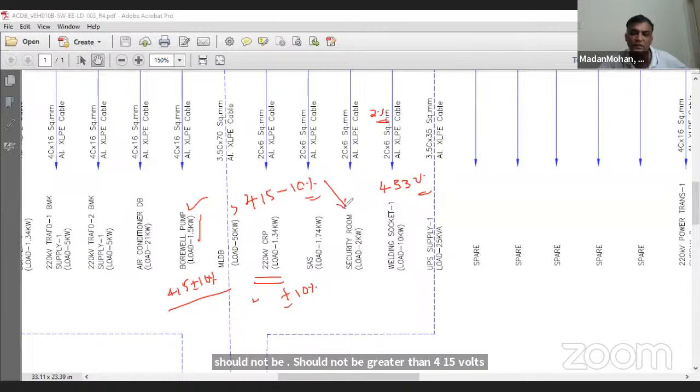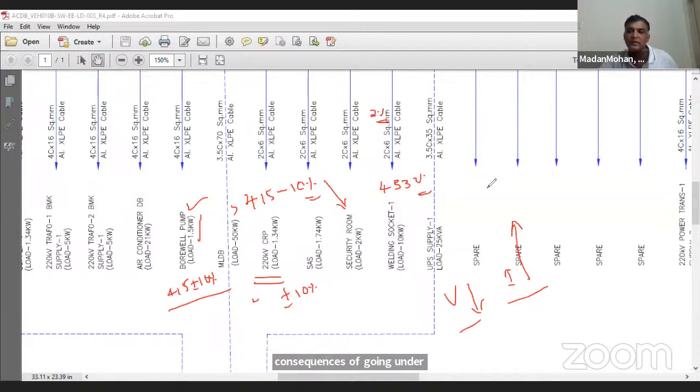If the voltage drop goes below minus 10% of the nominal voltage, then what happens here? If your voltage decreases, the current will increase. And if the current increases, your connected equipment will get damaged because of overheating of the conductors and all. That is the consequence of going under voltage.